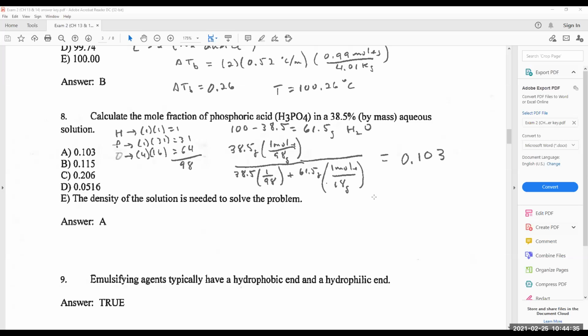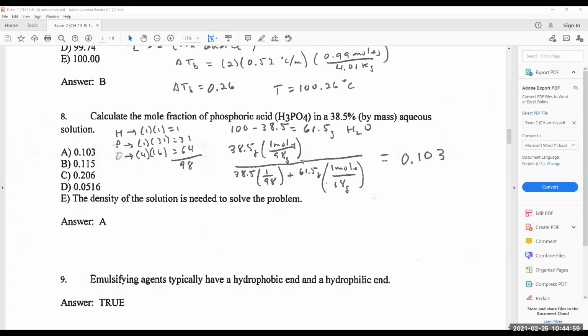In the denominator, we have that moles expression for the phosphoric acid, and then 65.1 grams of water divided by 18 to get moles of water. So now we have moles of phosphoric acid divided by moles of phosphoric acid plus moles of water. We go ahead and do all that math, and we get 0.103 as the mole fraction.